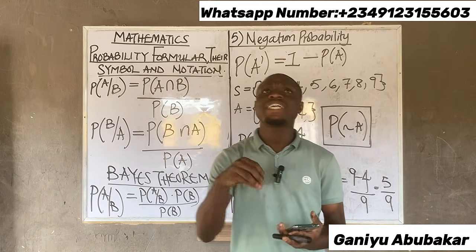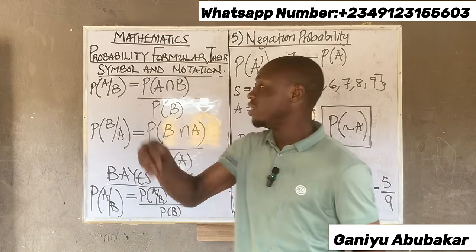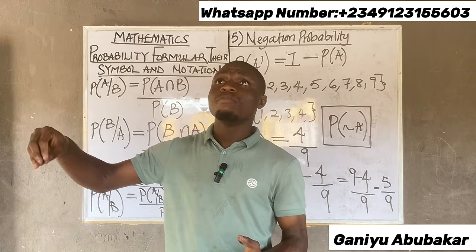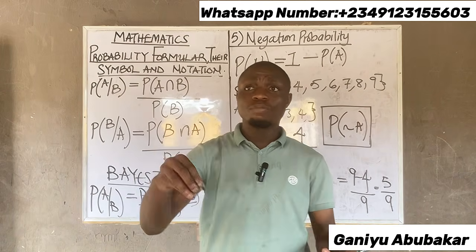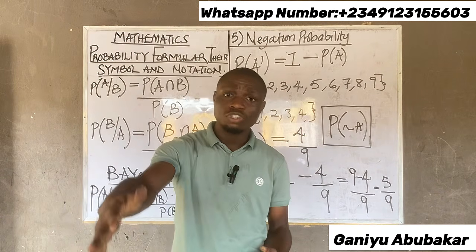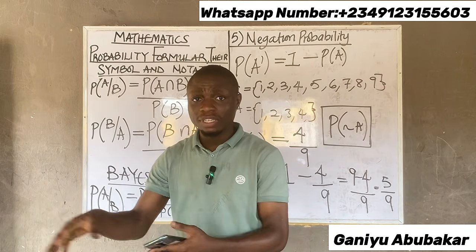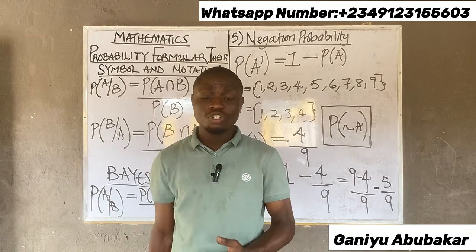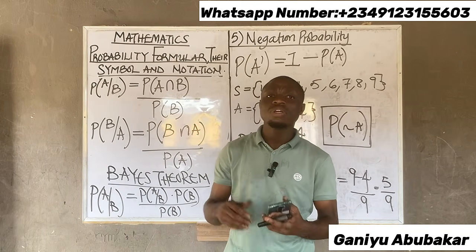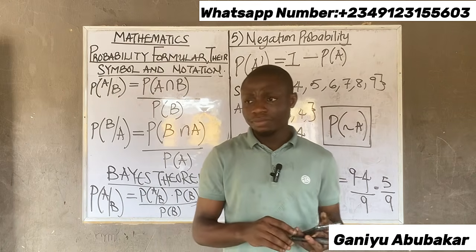Now, if you're interested in examples for each of these probability formulas, individually, keep on watching our videos. I will do the example for each of them in our future videos, as soon as possible. See you guys in the next class and welcome to Excellent Link Academy.